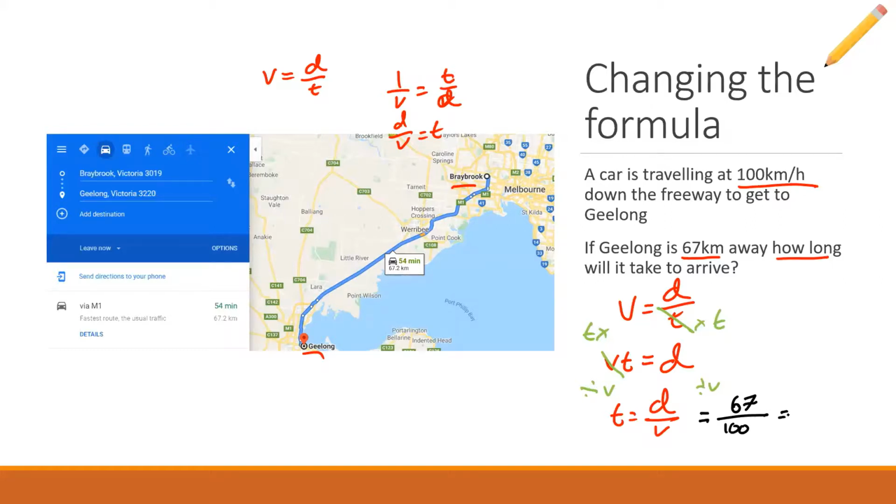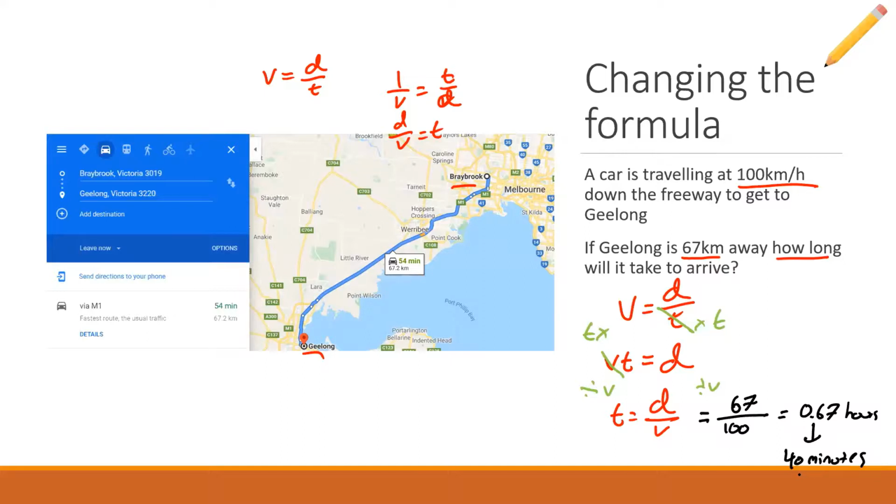Therefore, we can figure out it should take us 67 divided by 100, which is 0.67 hours. Or multiplying that number by 60 tells you it's about 40 minutes. But that's a way how we can flip the equation around to deal with it.